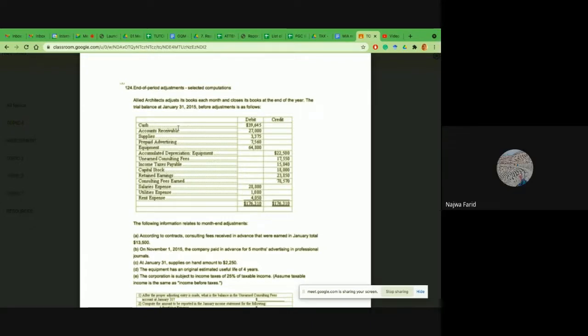Transfer that first before you do the adjustment, because I want to show you how the adjustment will be reflected in the accounts. Let's try to do this together if you have enough time. I'll do that in Excel.